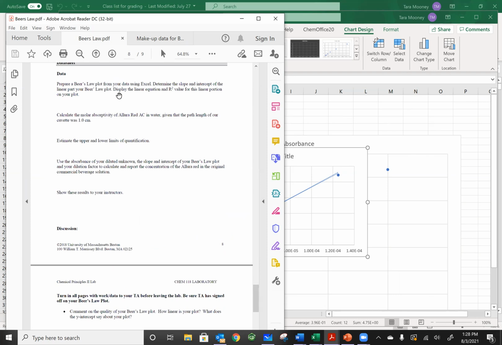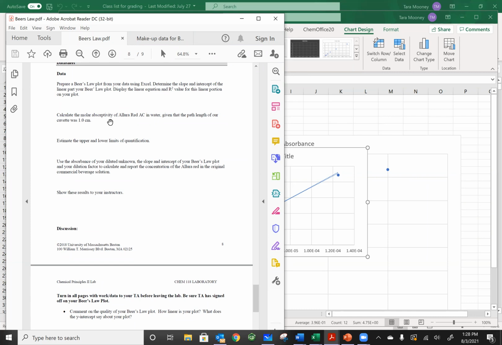All right, so what have we done so far? We plotted our data. We determined the slope of the linear part of the line. We have the equation and the R-squared value. So, calculate the molar absorptivity of the Allura red in water, given that the path length of your cuvette was 0.1 centimeters.